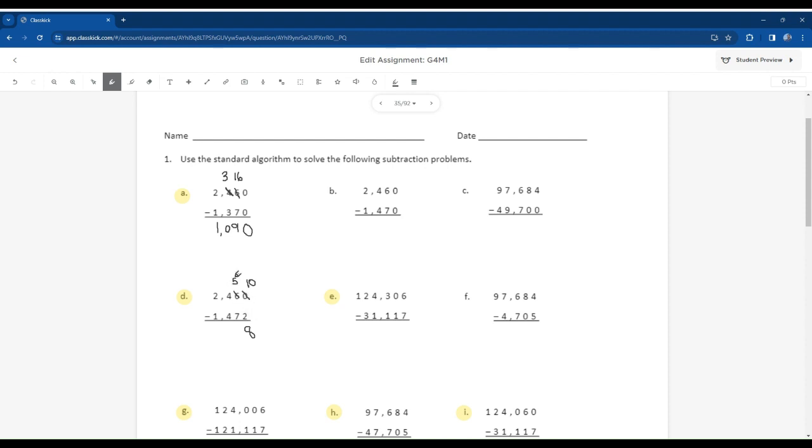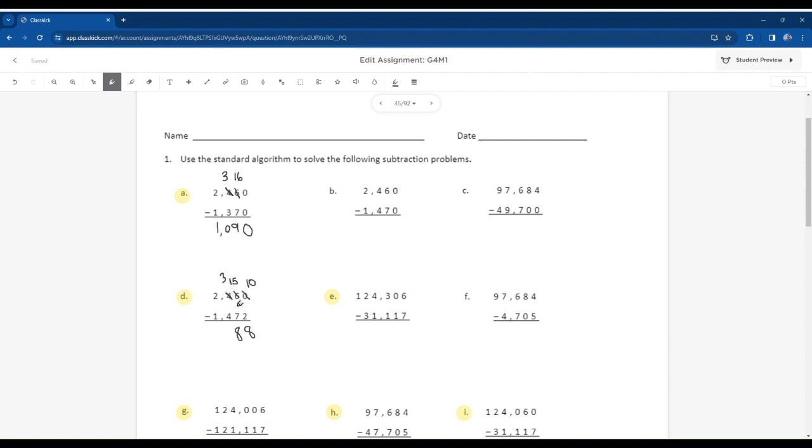So now we're only left with 5 tens, and I need to take away 7 tens, which I can't do here. So I need to regroup from the hundreds. So I'm going to regroup 4 hundreds for 3 hundreds and 10 tens, and I already have 5 tens. So that's going to become 15 tens. And 15 minus 7 is 8.